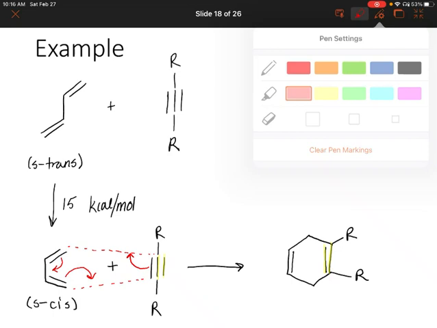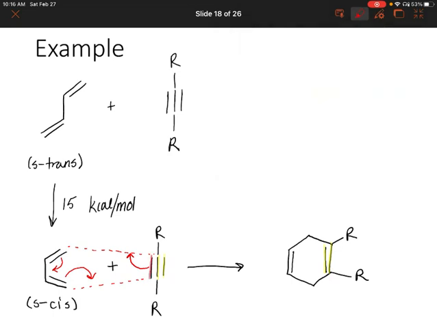And then the pi electrons, or one set of pi electrons, becomes one of our new bonds. And another set of pi electrons becomes our other new bond. Okay. So again, the overall reaction here is going to give us this ring structure.